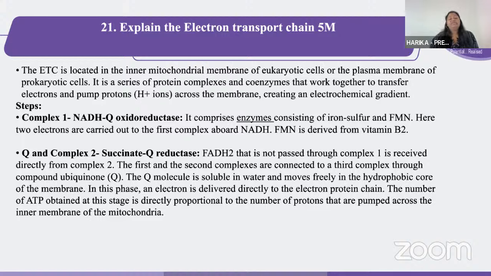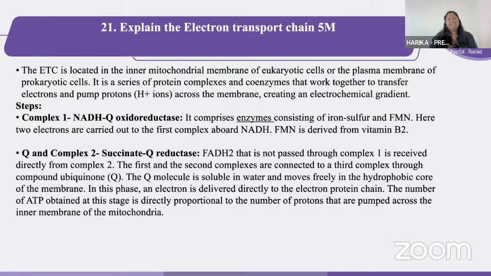The steps involved are: first step is complex 1, NADH-Q oxidoreductase. It comprises enzymes containing iron, sulfur and FMN.